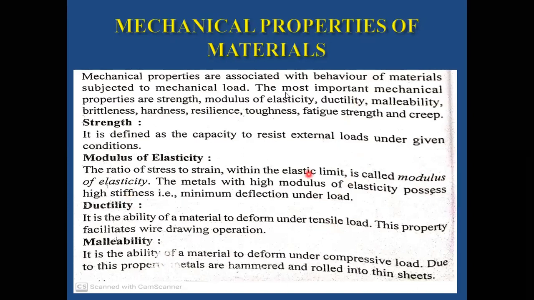Okay, a material can absorb tensile loads, which change its dimension in the length direction only. In the case of malleability, it is the ability of a material to sustain compressive loads.